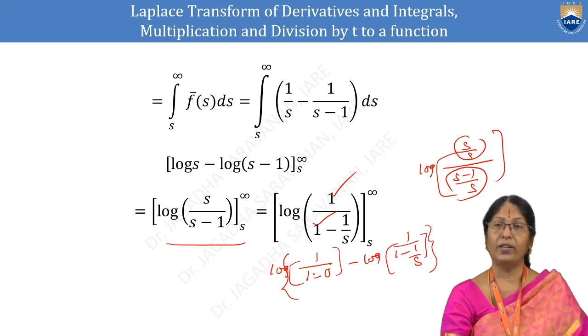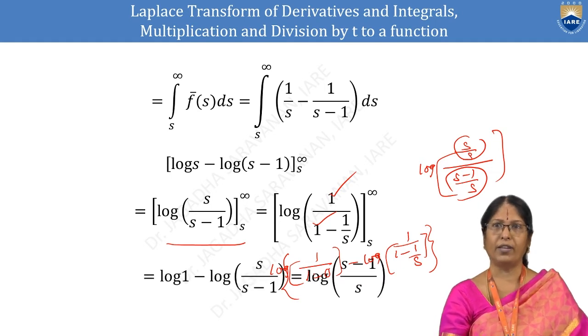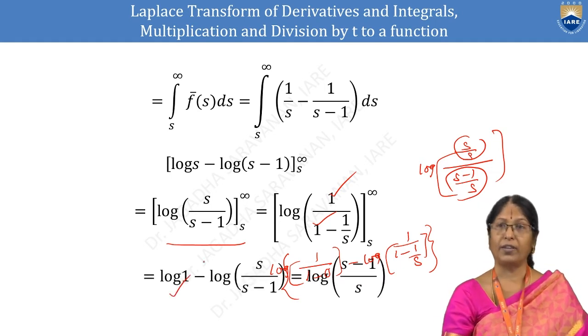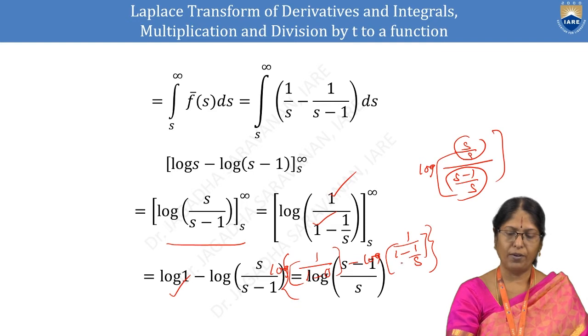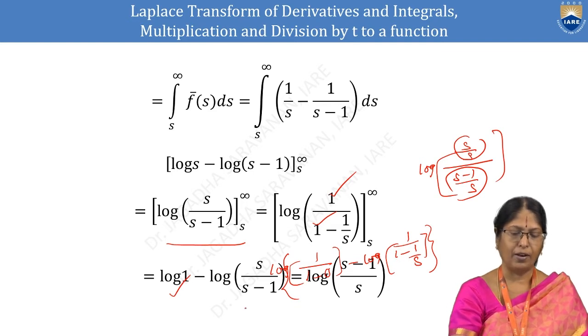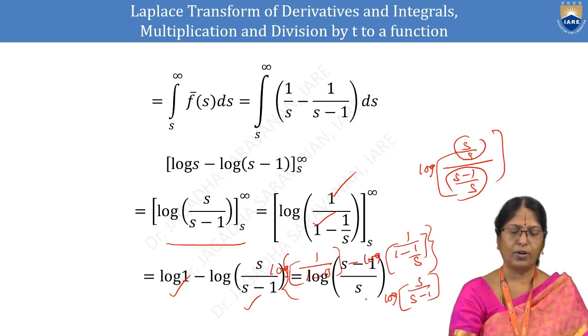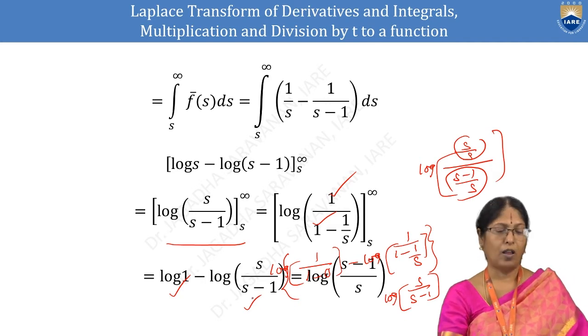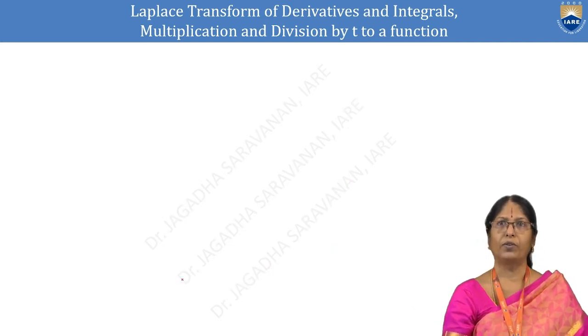Here the first one is log 1 we are getting. That's what is written here. The second one, we are taking the LCM and we got this one, log of s minus 1 by s. Log 1 is 0.